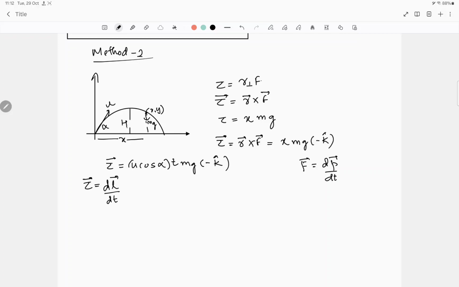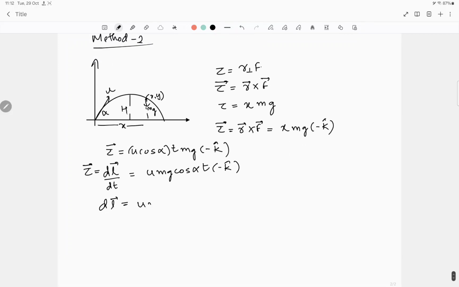Similarly, torque is defined as the rate of change of angular momentum, which is equal to u into mg into cos alpha t minus k cap. So dL is equal to u mg cos alpha minus k cap into t into dt.